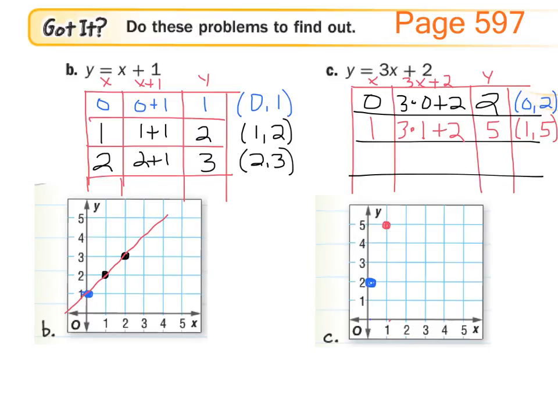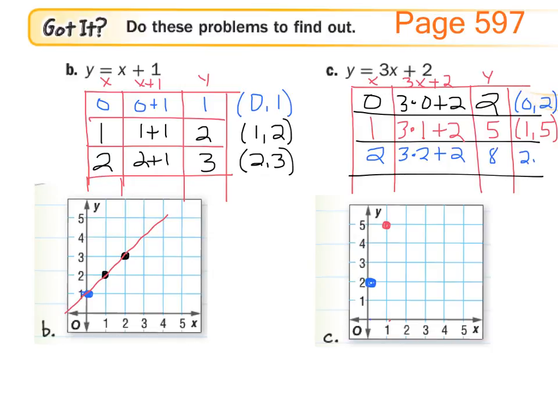Now if you notice, if I go with 2, look at the gap I'm getting between my first and my second point, the red and the blue dot. I'm probably going to be off the graph, and that's just fine. We can go ahead and plot the point up kind of in the air. If we pick 2, we're going to do 3 times 2 plus 2, and 3 times 2 is 6 plus 2 is 8.